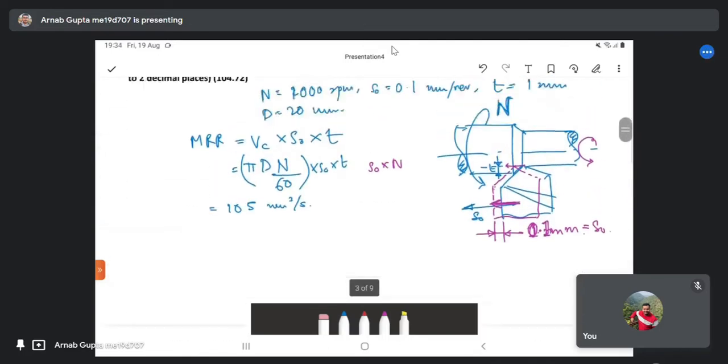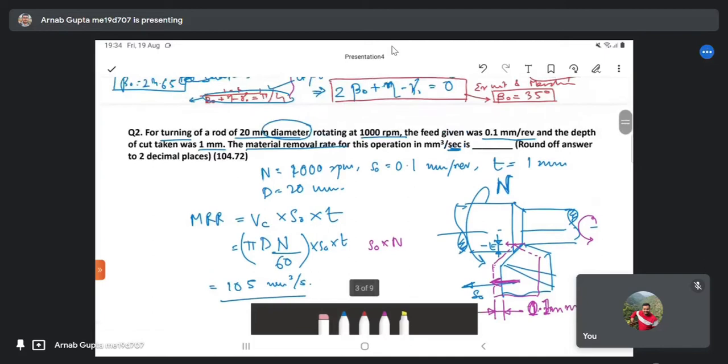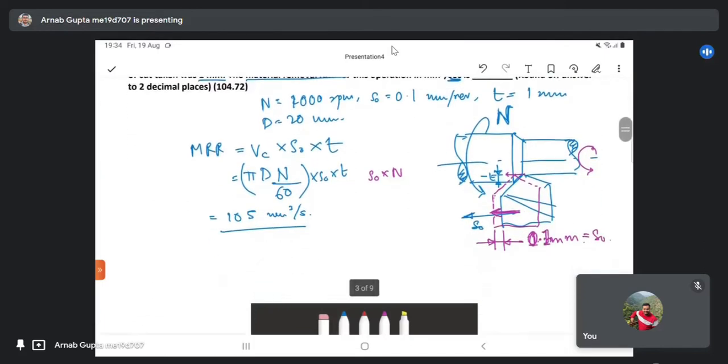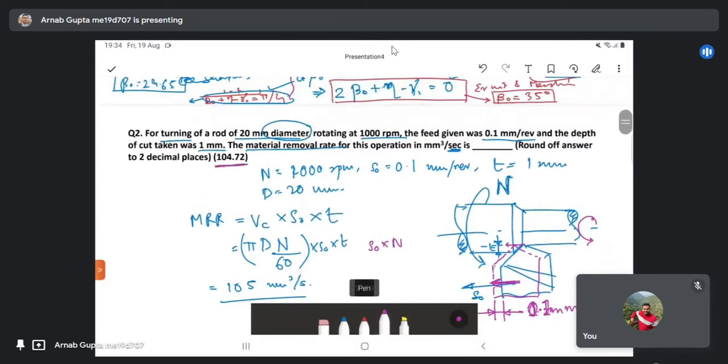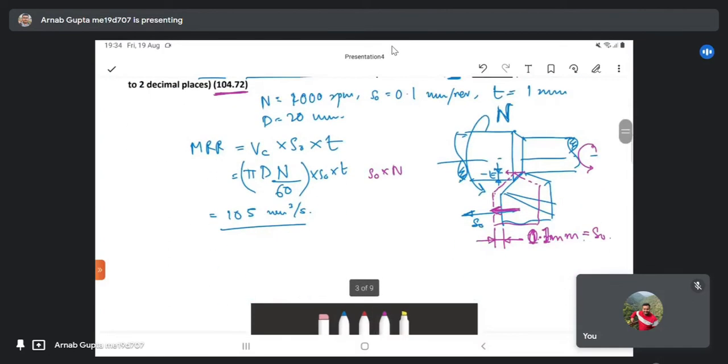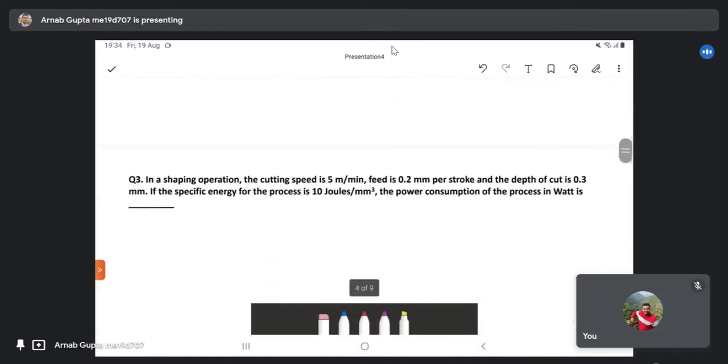Okay. So yeah, let's leave it here. This is what the question was asking, and we'll move to the next question. So this is the answer, 104.72. I have approximated it to 105 millimeter cube per second.